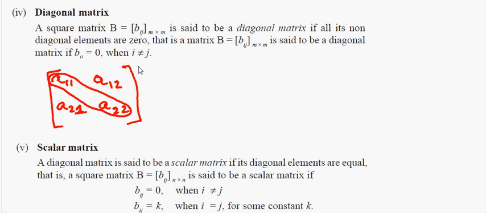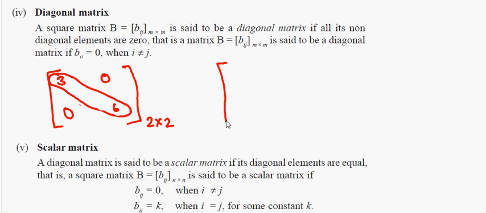If all other elements of that matrix, other than the diagonal elements, become 0, then it is called a diagonal matrix. If I replace the diagonal elements by some numbers, say 3 and 6, then this is called a diagonal matrix of order 2.